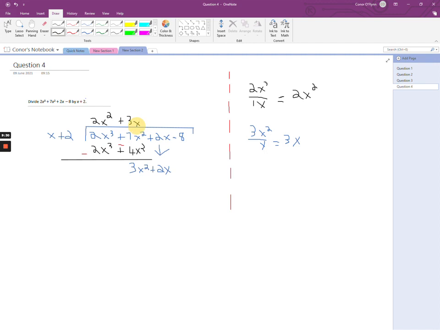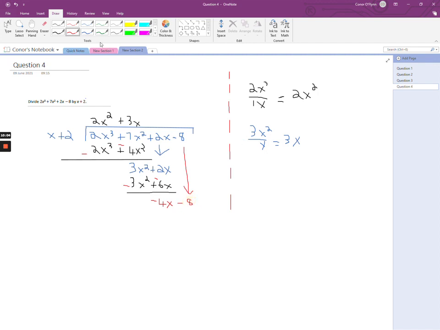And multiply back in. Whatever answer you get at the top, you multiply back in by x plus 2. So 3x by x is 3x squared. And 3x by 2 is 6x. And minus. I change the sign because I'm subtracting top minus bottom. So that'll go to 0. 2x minus 4x. And then bring down your minus 8.